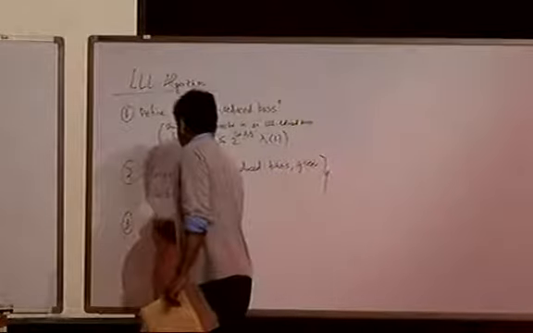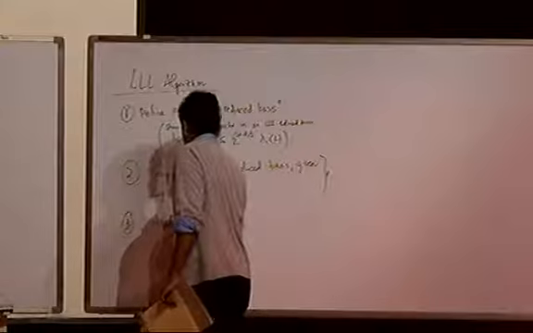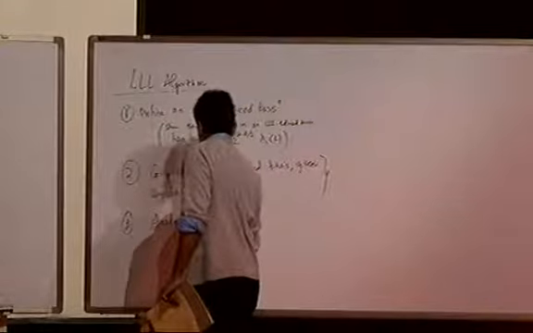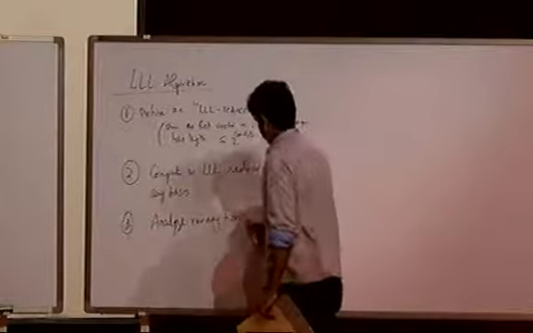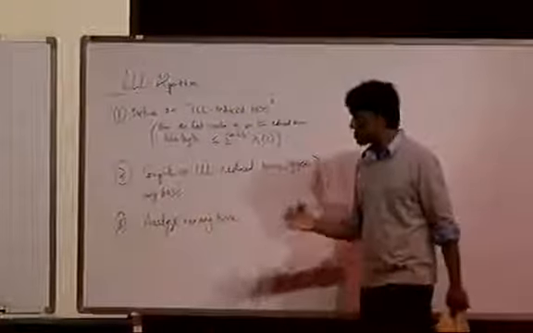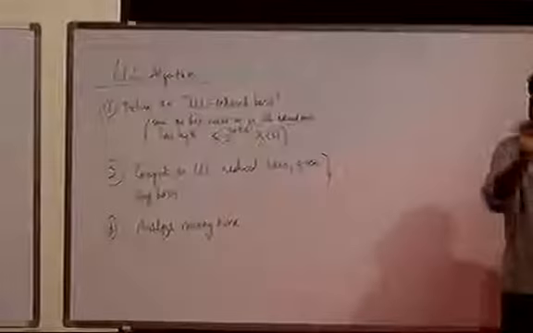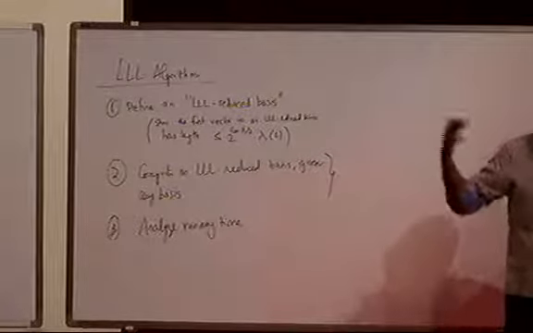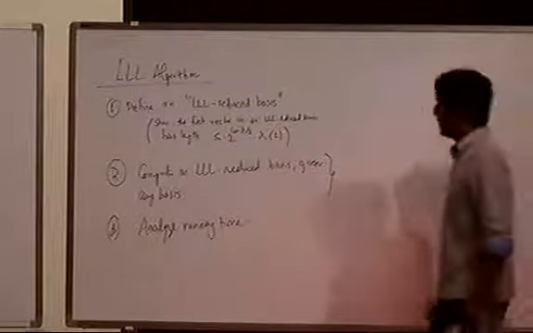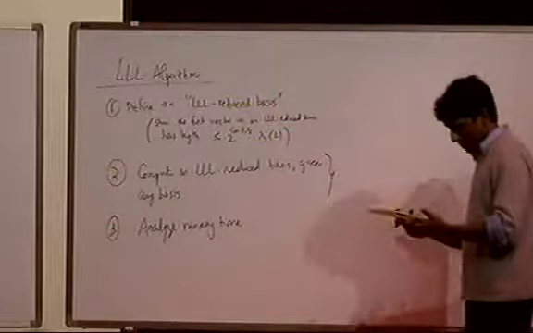And 3, we analyze its running time and show that it's polynomial in the description length of the input, which is, I give you a basis, how many bits do I need to write down the basis? It's polynomial in that. So this is the outline of LLL.